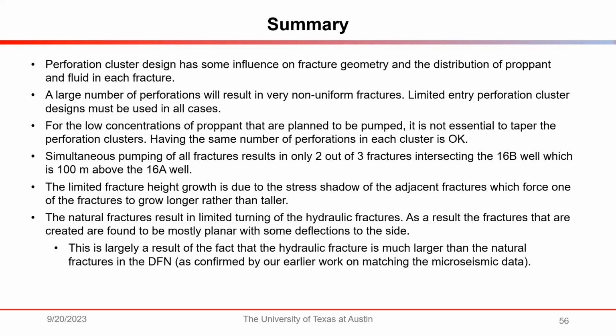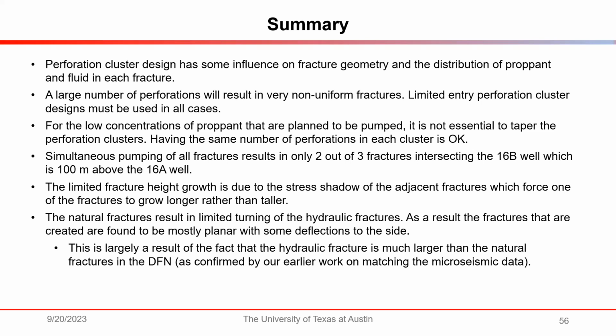The simultaneous pumping of all fractures results in only 1 or 2 out of the 3 fractures intersecting the 16B well, which is about 100 meters above the 16A well. The limited fracture height growth in these fractures is due to the stress shadow of the adjacent fractures, which force 1 or more of the fractures to grow longer rather than taller.